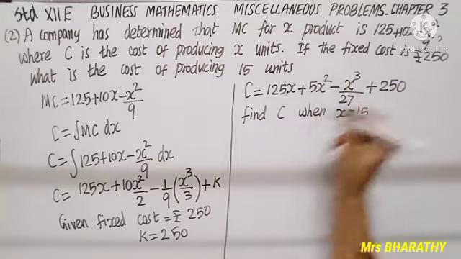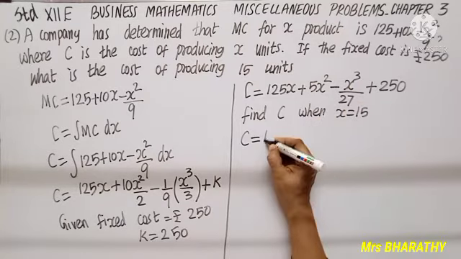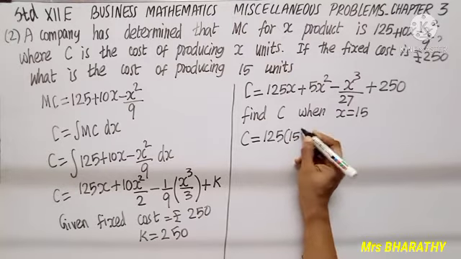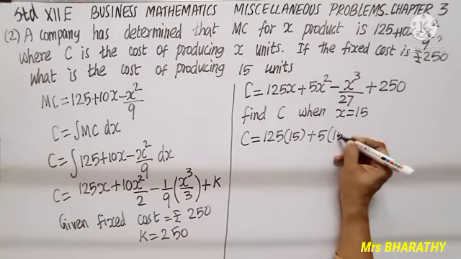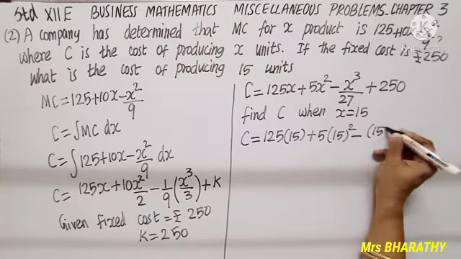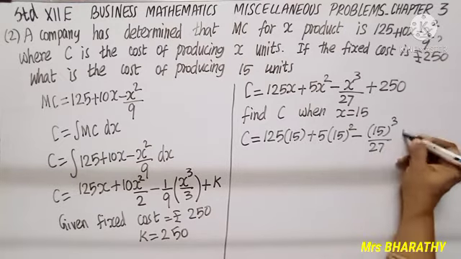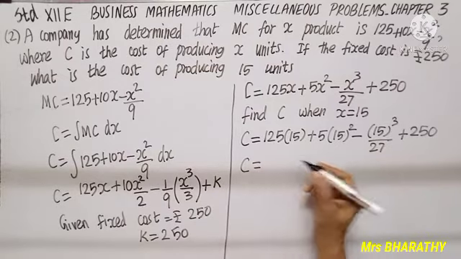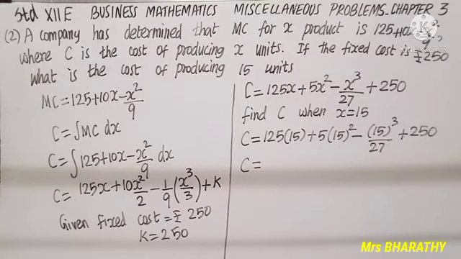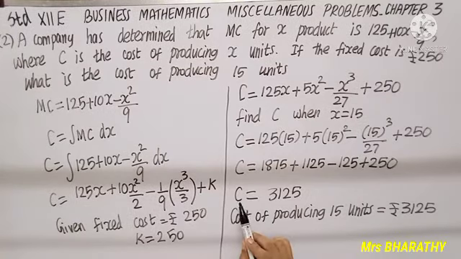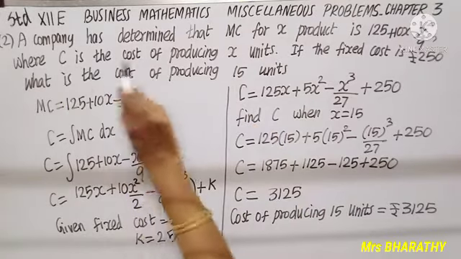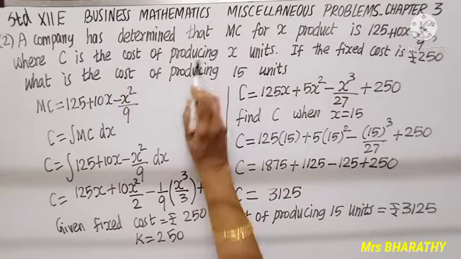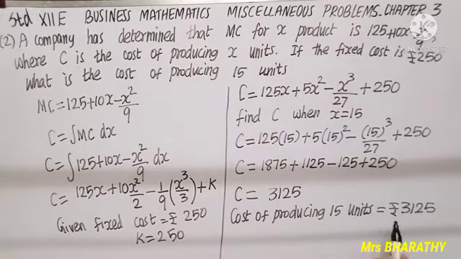So in the place of x, let us substitute 15. 125 into 15 plus 5 into 15 square minus 15 cube by 27 plus 250. Use your calculator and simplify the answer. We get C equals 3125. Take and write the answer in words. Cost of producing 15 units is rupees 3125.